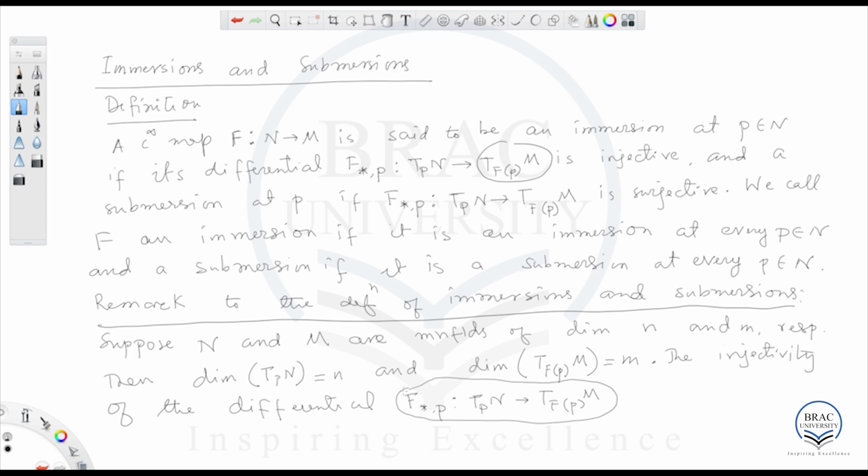So the injectivity of the differential implies immediately that m is greater than or equal to n.